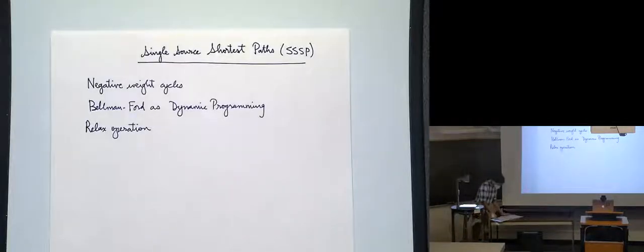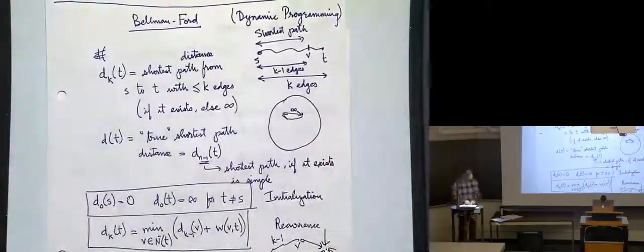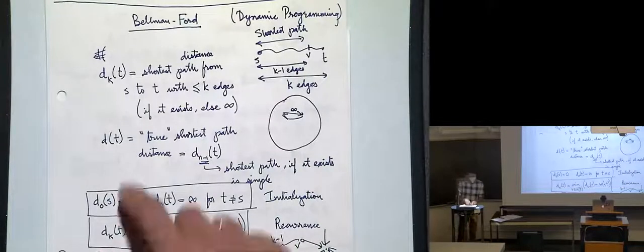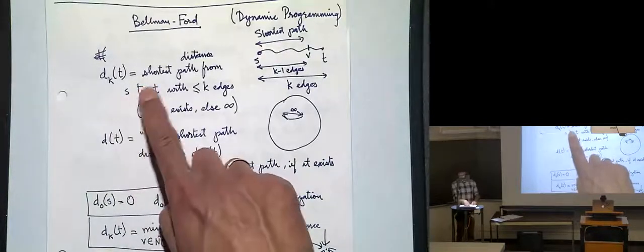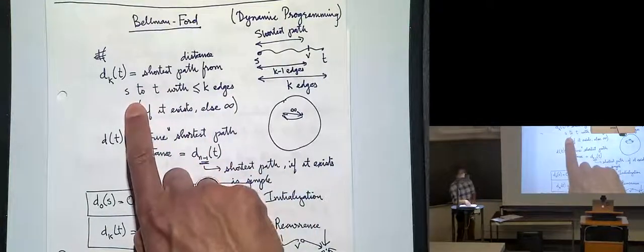So just to recall, let's flip through the notes from the last time. The dynamic programming perspective was given by the following recurrence. d_k(t) is the shortest path from s to t with at most k edges. Remember, s is the source vertex that we fixed.